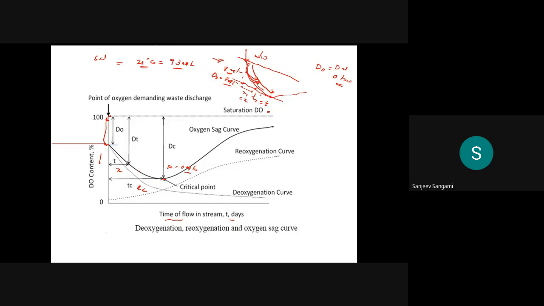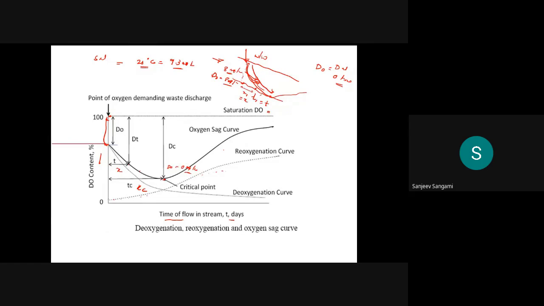Deoxygenation means the oxygen is going on decreasing. After crossing the XC point, the curve goes on increasing. That is the reoxygenation curve. Means oxygen goes on increasing as it travels along the distance.